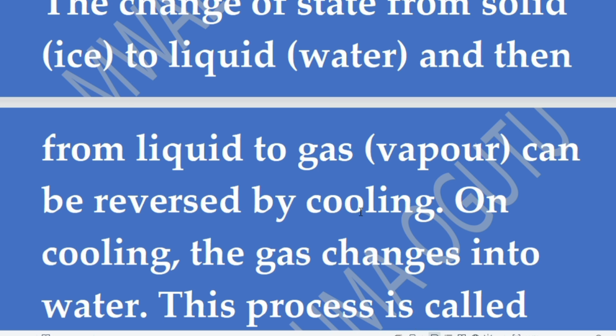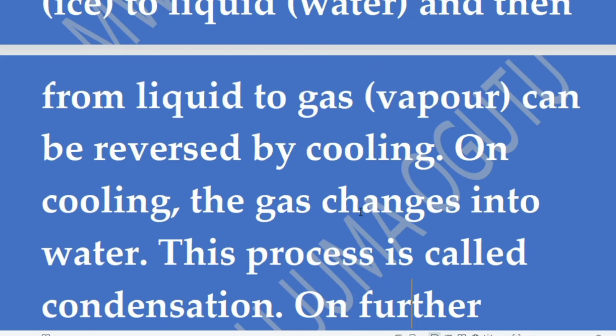So on cooling, the gas changes into water. This process we are calling condensation. So we said from ice to liquid, from ice to water, it is melting. From water to water vapor, it is evaporation.